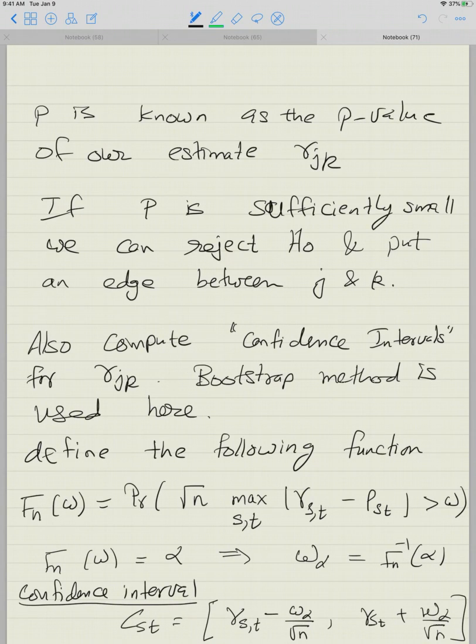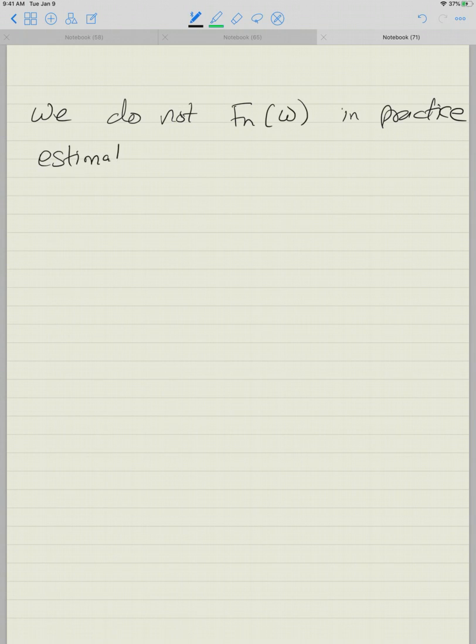So if we know the function Fn of W, we can get the confidence interval like this. Now the question is, we do not know Fn of W in practice, and we estimate it using what is called the Bootstrap method.